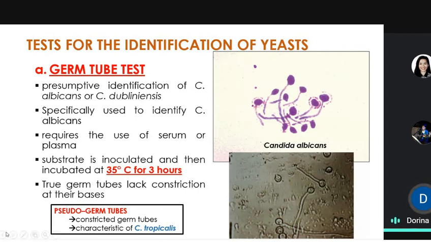When we talk of the base of yeast cells, this is the base.